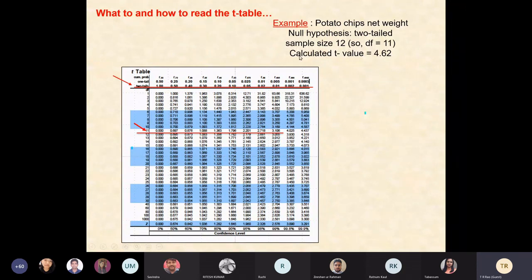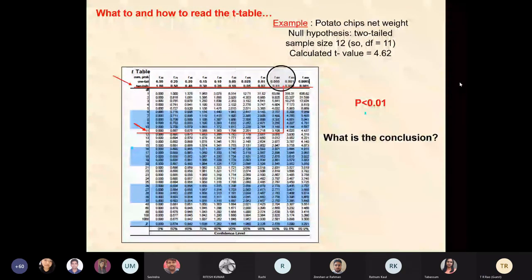You just keep going somewhere here, and then you look up the p-value, which is given here. So it is much lower than 0.5, right? It's even lower than 0.1. So now we reject this null hypothesis.